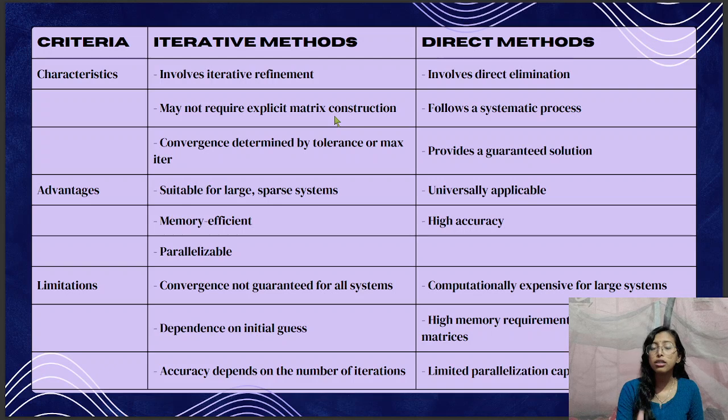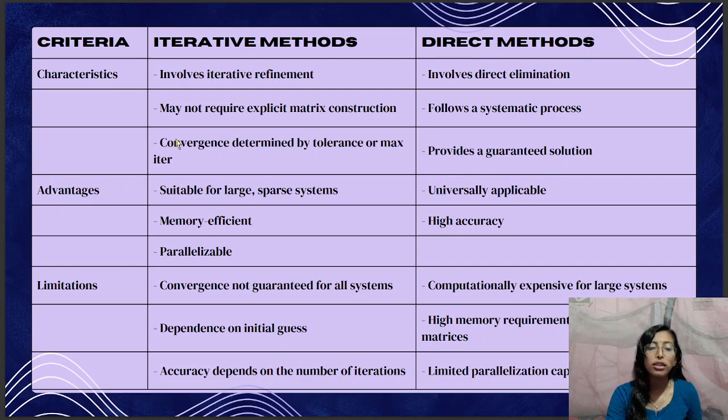The iterative methods do not require explicit matrix construction, whereas direct method follows a systematic process. Third is the convergence determined by tolerance or max iterations. Now the third for direct methods is provides a guaranteed solution.